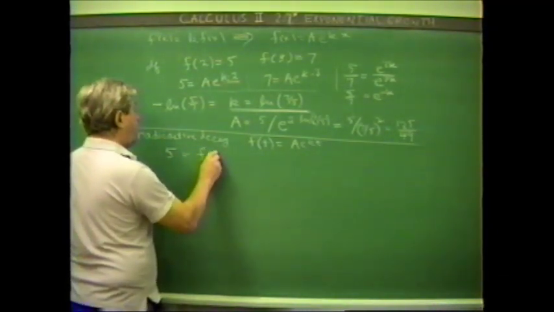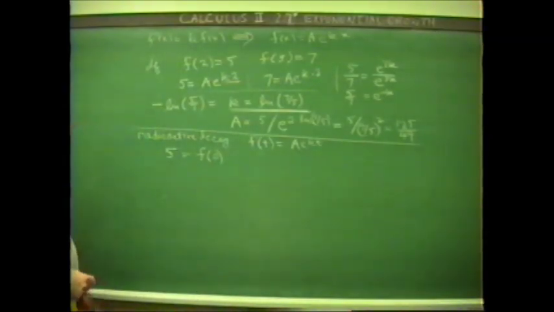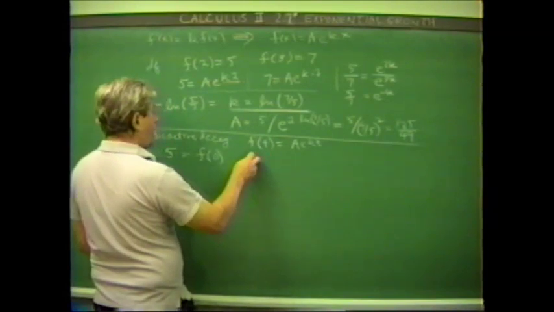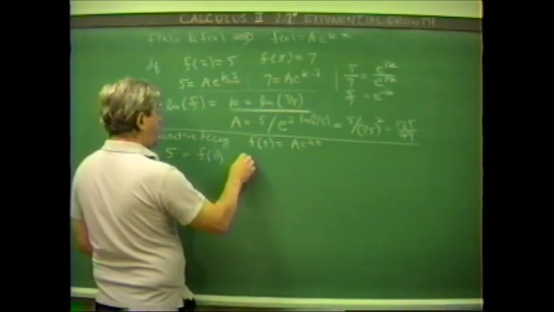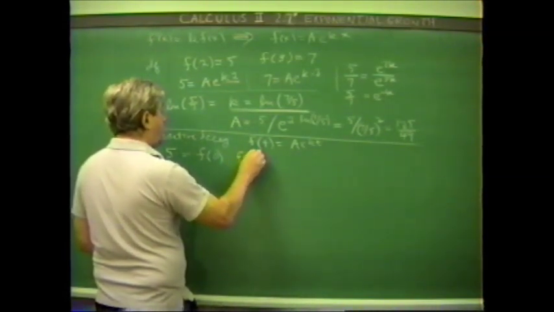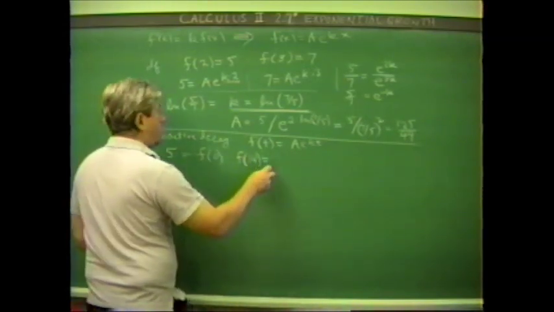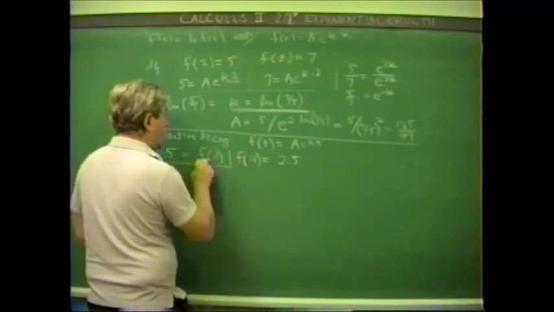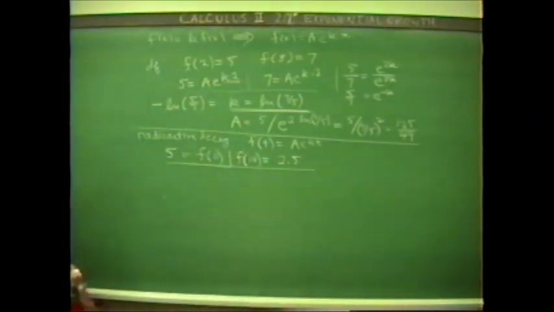So 5 is f of 0. And let's further suppose that this substance has a half-life of, let's say, 14 years. F of 14 is 2.5. We now wish to know, given this bit of information, what's f of t?